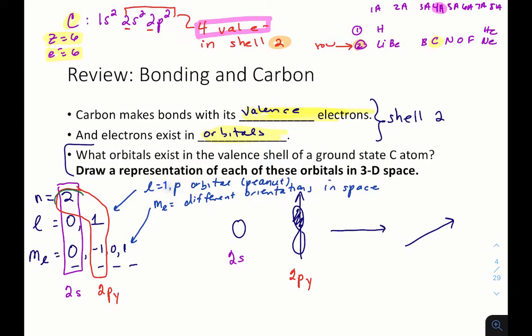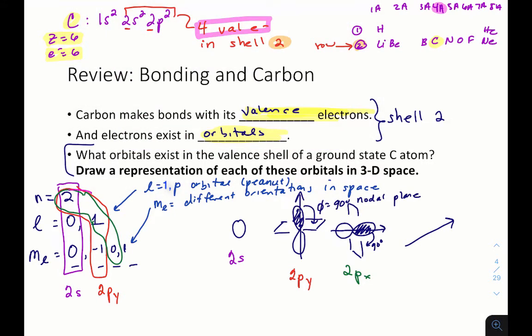Now, when n equals 2 and L equals 1, again, it'll be a p orbital because L equals 1. M sub L, the orientation, could correspond to quantum number 0. We will call this the 2px orbital, where the p orbital is aligned along the x-axis. It's still a p orbital, it's still a dumbbell, it still will have this nodal plane at a 90-degree angle from the orbital axis.